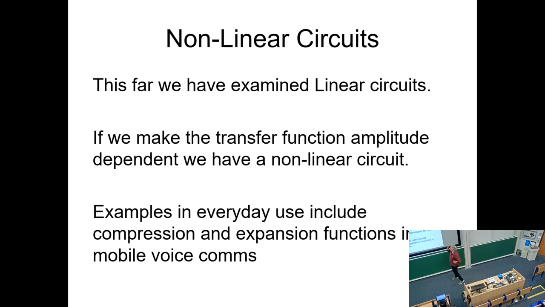If we make the transfer function, which is the relationship between the output and the input, vary in amplitude with frequency, for example, make it amplitude dependent, we can have a non-linear circuit. And there's all kinds of interesting things we might want to do with that. Compression, expansion functions. The old Dolby system was this kind of system where you can compress things and expand things and do a bit of little encoding.